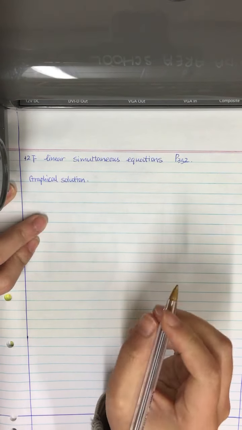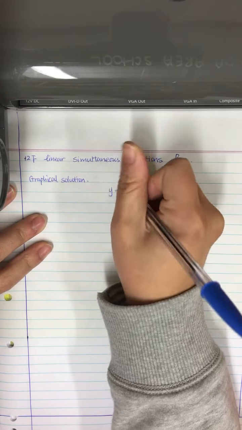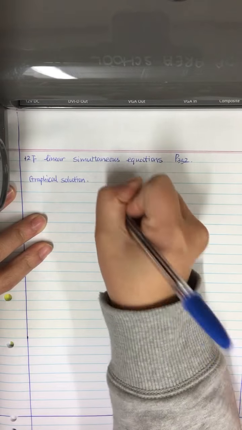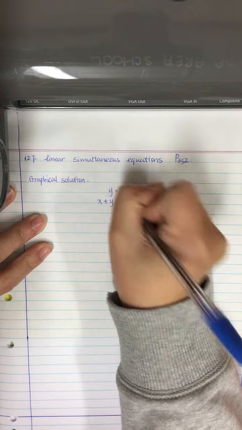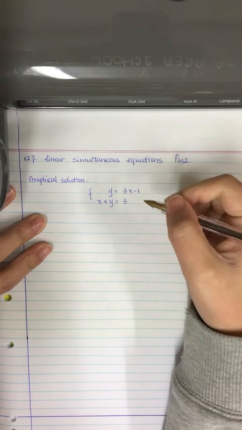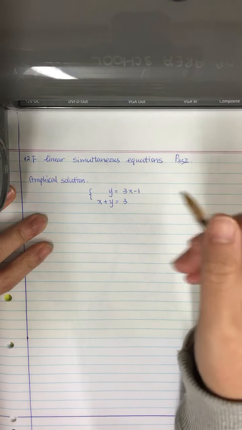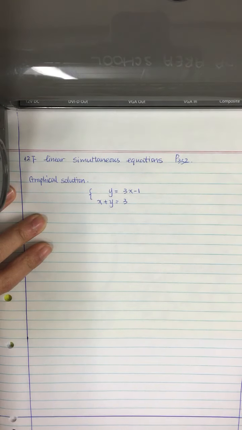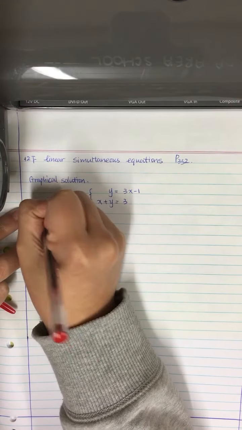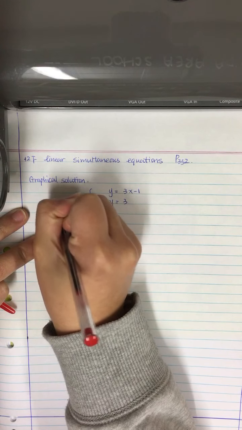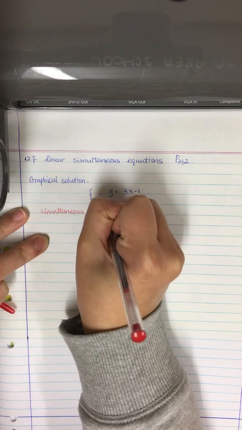So how do we do that? If you've been given two equations, y equals 3x take 1 and x plus y equals 3, the simultaneous equations are asking you to find where the lines meet.